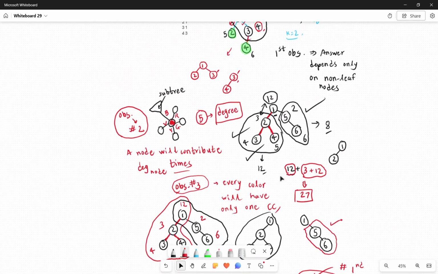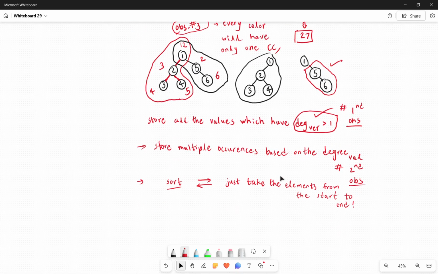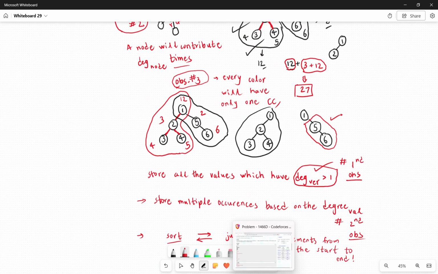So this is basically the solution. I hope you understood it. Let's hop onto the code.